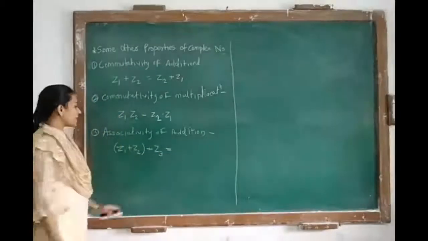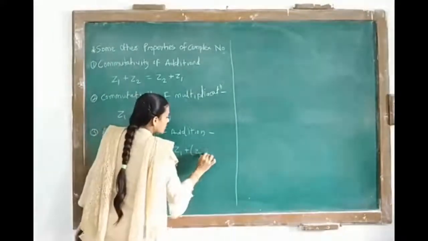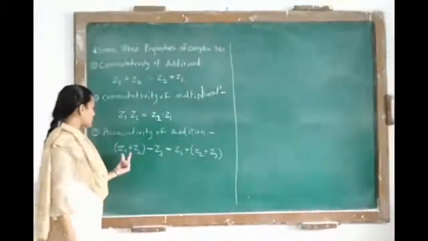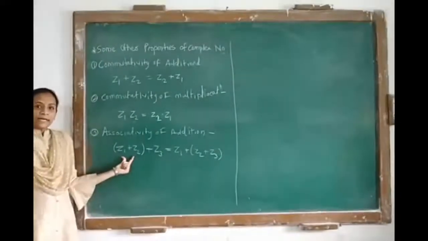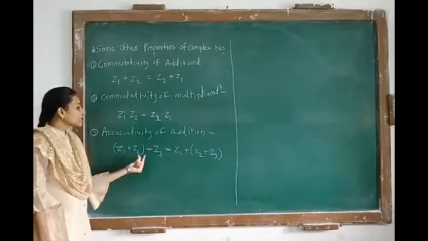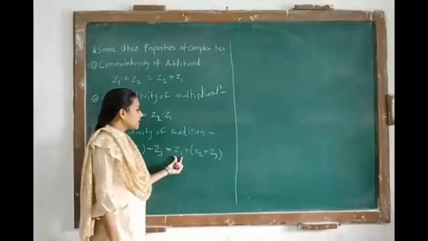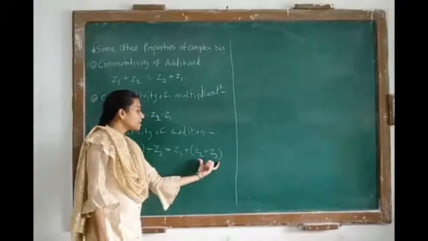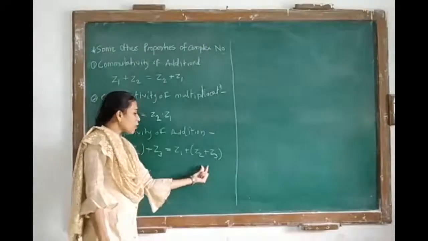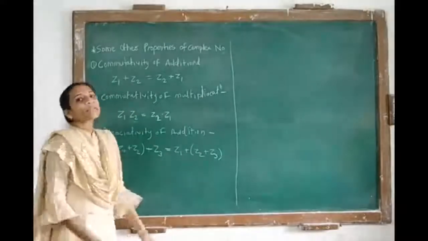Then this will be equal to Z1 plus Z2 plus Z3. Meaning of this both is same. Suppose first I added Z1 and Z2, I get one complex number and then that complex number is added to Z3. This will be equal to Z1 added to, first we do the addition Z2 plus Z3, then we get one complex number which is added to Z1. So these both things are equal.